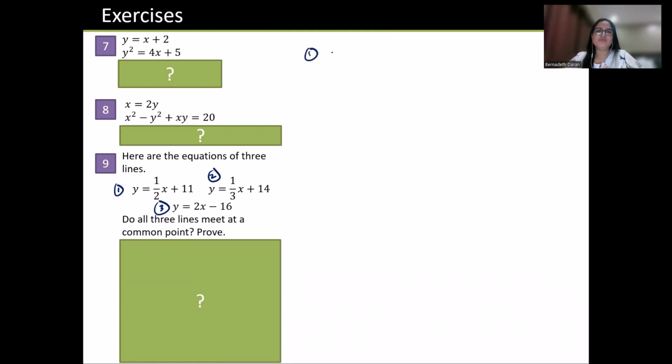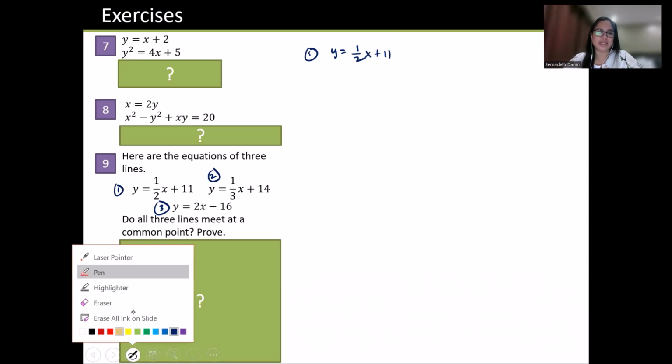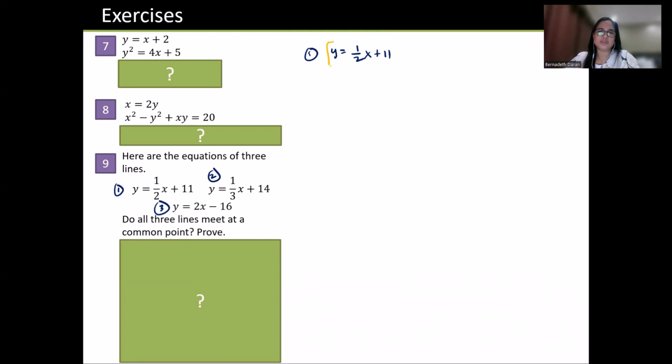So for equation 1, let us simplify this. We have y is equal to 1/2 x plus 11. Let us multiply both sides by 2 so that we can remove the denominator.